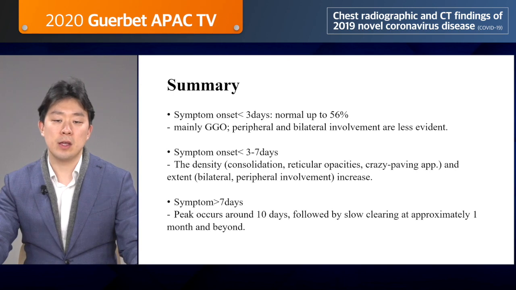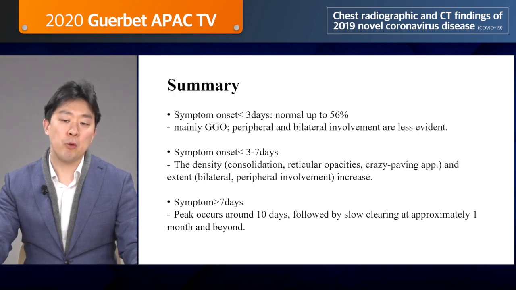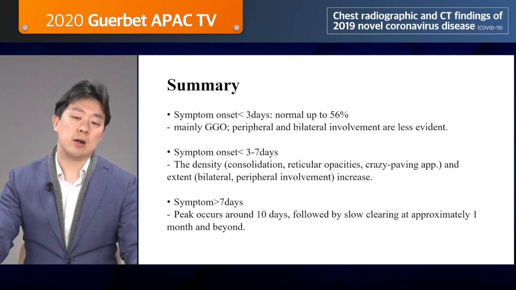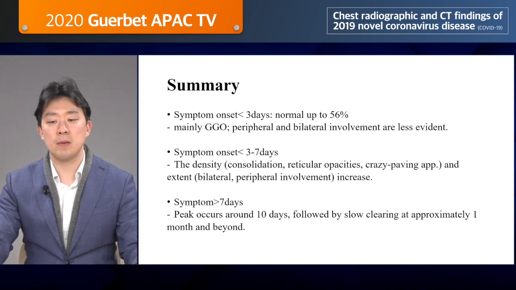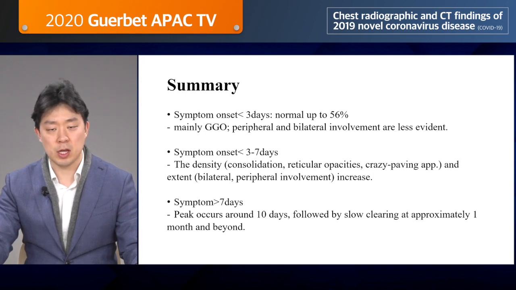Pneumonia has increasing density and extent until a week of symptom onset, and after more than a week, a peak occurs around day 10, and the pneumonia slowly decreases, but the rate of decline varies substantially.